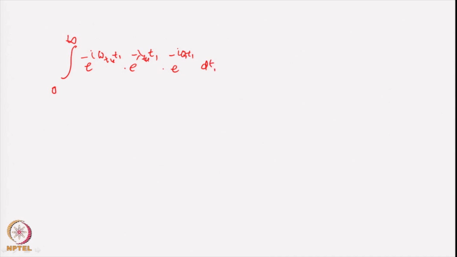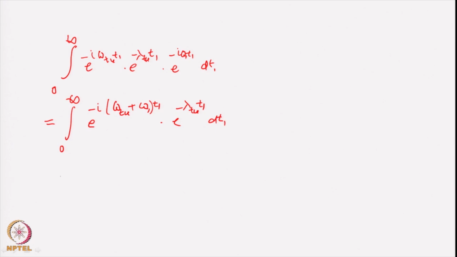So, pooling the terms, this will be equal to the integral from 0 to infinity of e to the minus i (omega TU plus omega 1) t1 into e to the minus lambda TU t1 dt1.